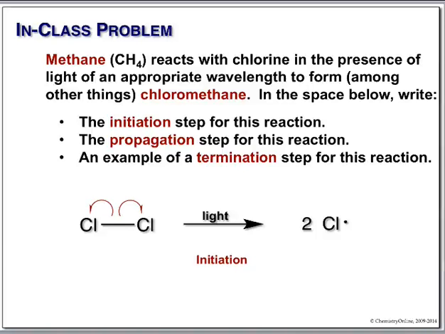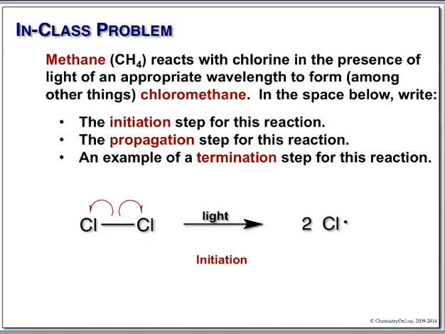The propagation step. In propagation, we need to start with one of these chlorine radicals. That must react with methane to give a methyl radical. That must in turn react with chlorine to reform the chlorine radical and to give the product.